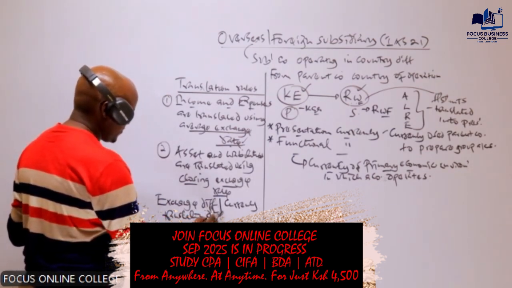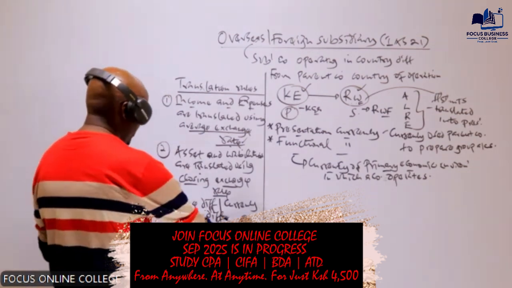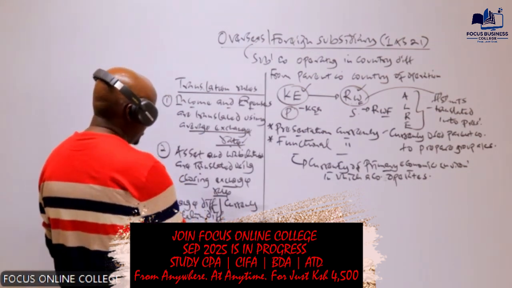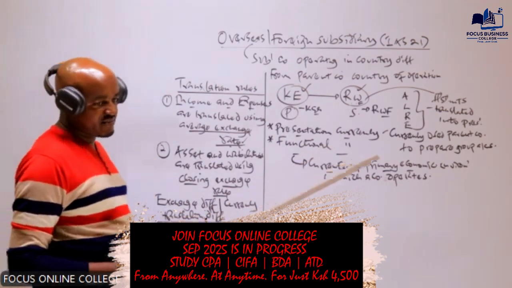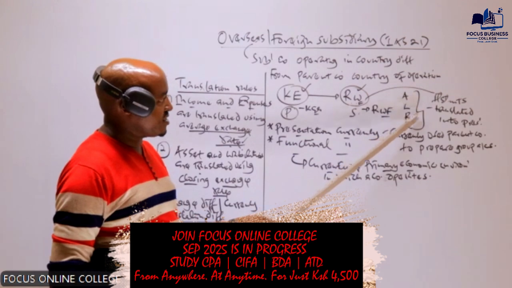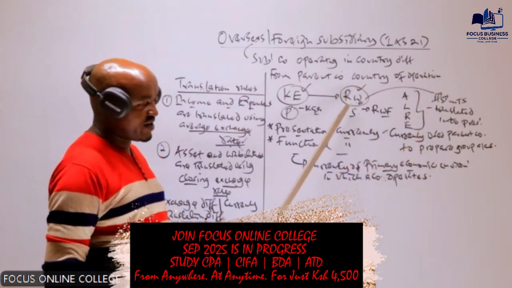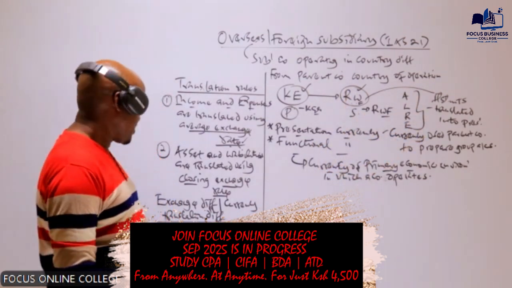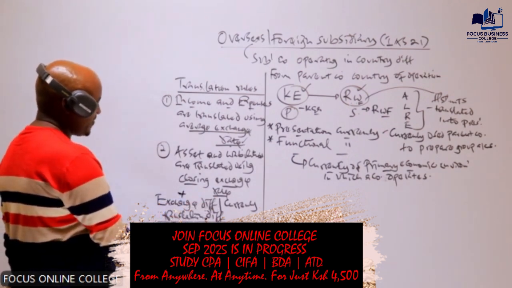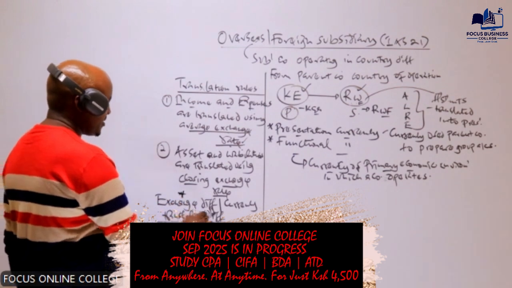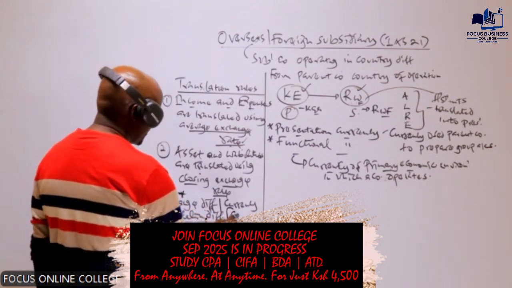Currency translation difference is an exchange difference which arises from translating the items of assets, liabilities, revenue, and expenses of the foreign subsidiary into the presentation currency, and it can either be a gain or a loss.